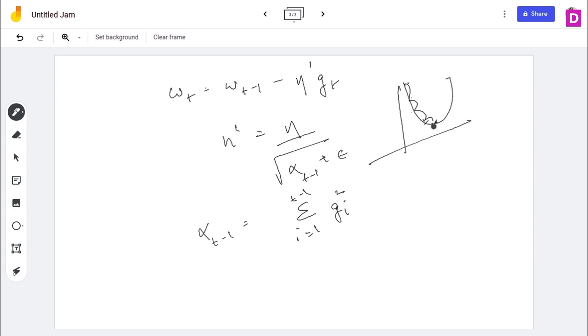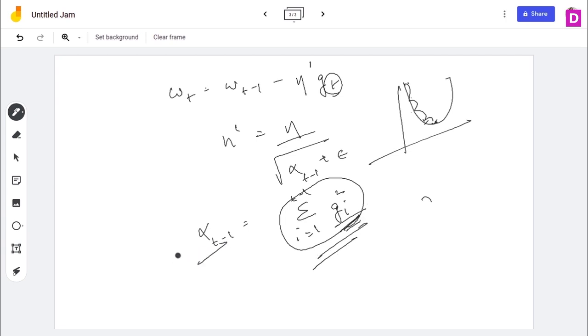Think about this. For every next iteration, we are getting a new gradient. So this whole thing increases, because this is basically the sum of all the squares of the gradients, right? If the gradients increase, this has to increase.